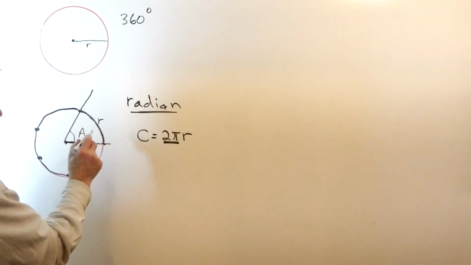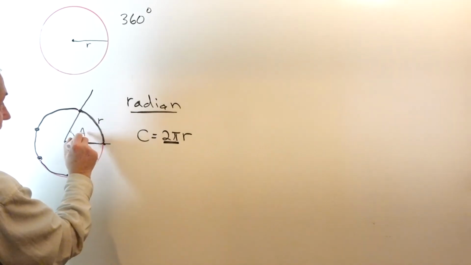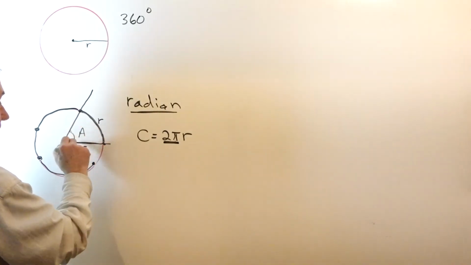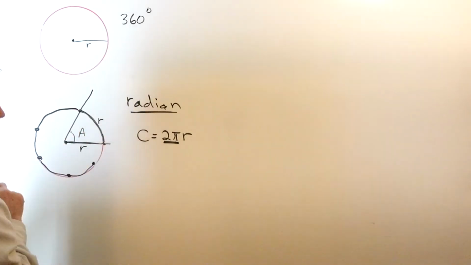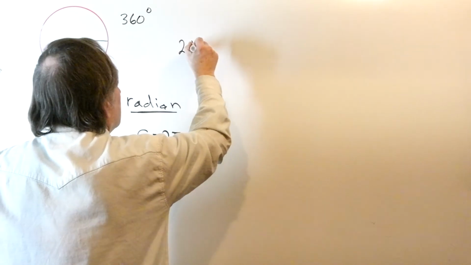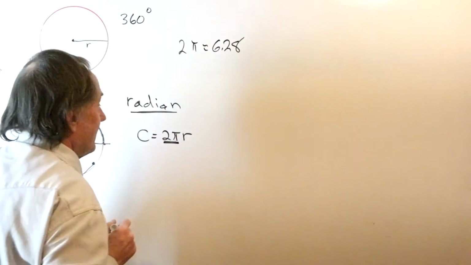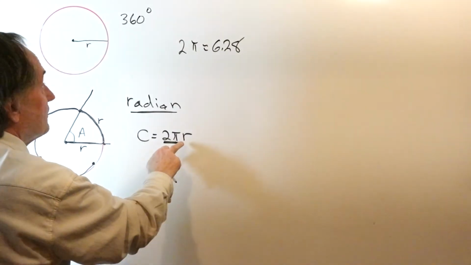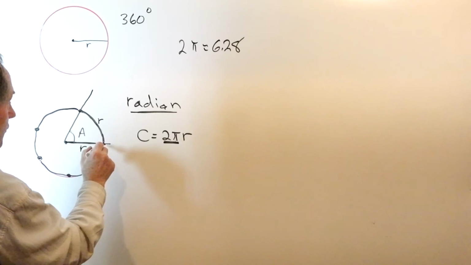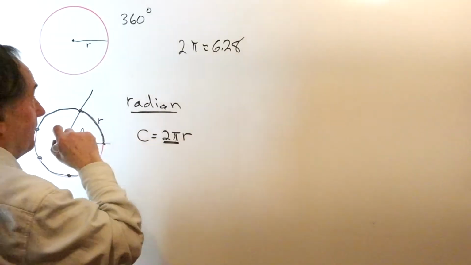So there would be 2 pi radians in the circle, because each radius defines an angle of 1 radian. 2 pi is roughly 6.28. So that tells us that there are about 6.28 radii that will lie along the circumference of the circle.